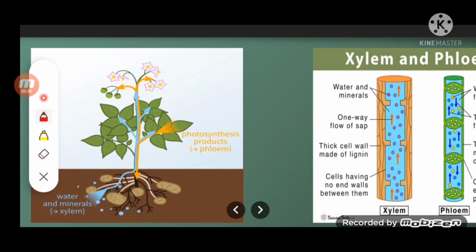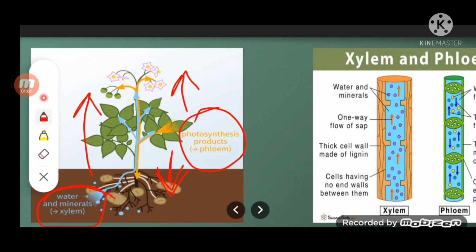Here you can see the root absorbing water and it is conducted in an upward direction, in one direction. Whereas the food produced as a result of photosynthesis can be transported in either upward or downward direction, meaning it can be bidirectional also.